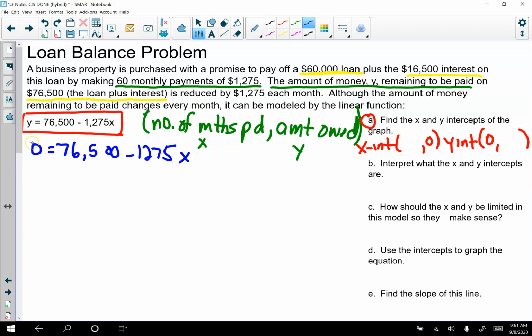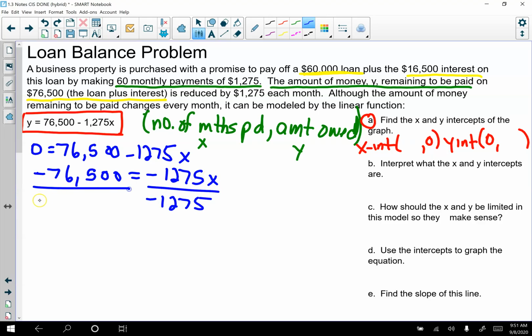I need to solve for x, so I'm going to move this 76,500 over, so negative 76,500 equals negative 1275x, and then I'm going to divide by negative 1275. You're going to show this work, and x ends up being 60.